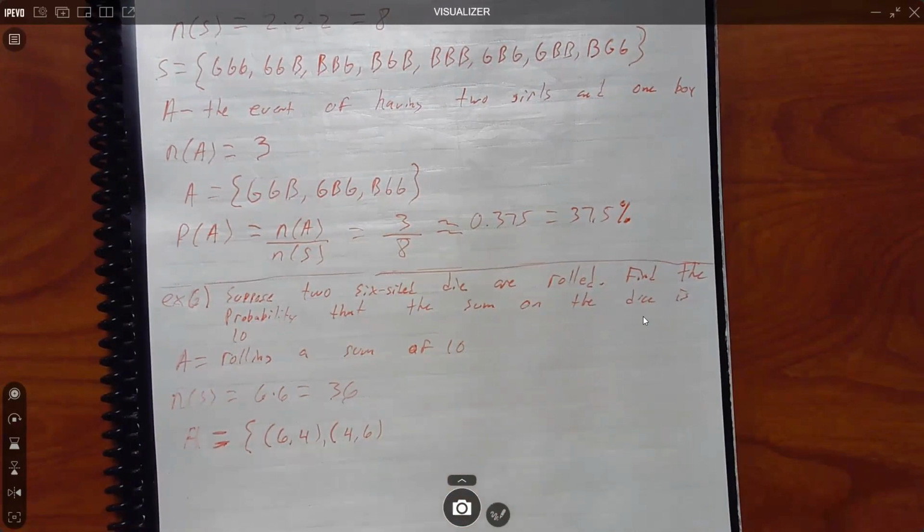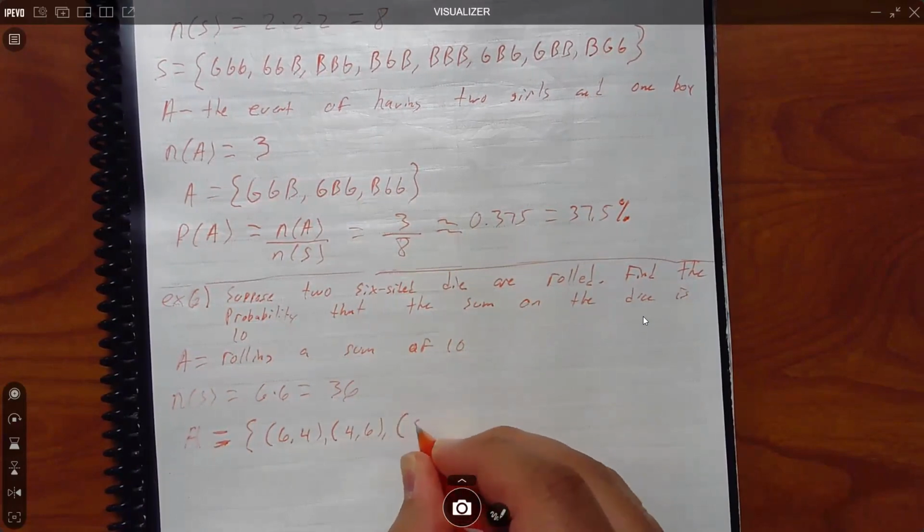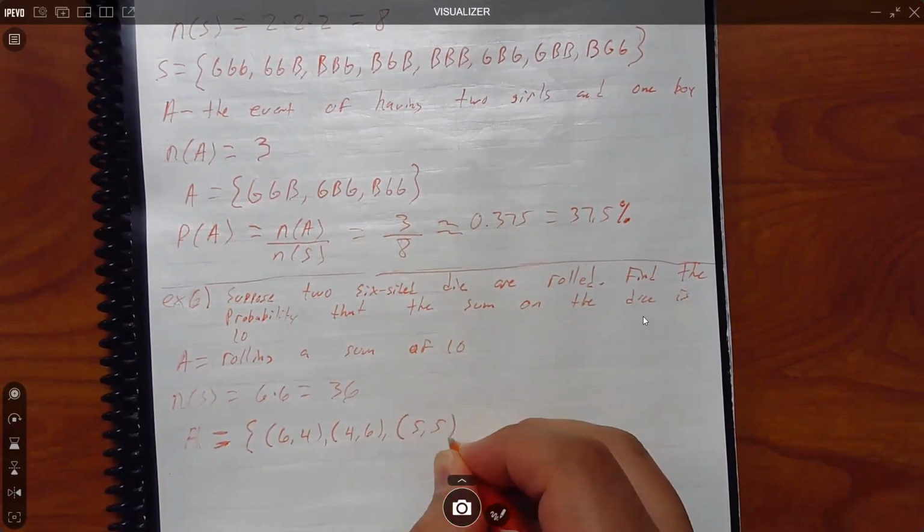Is there any other way to get 10? 5, 5. Is that it?